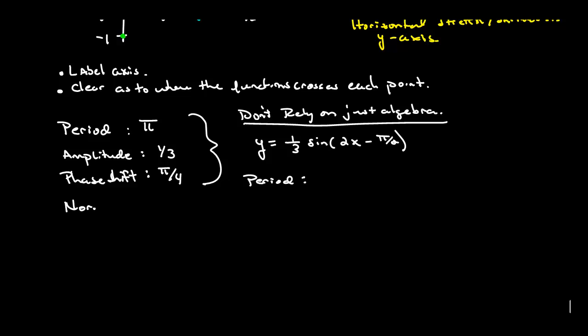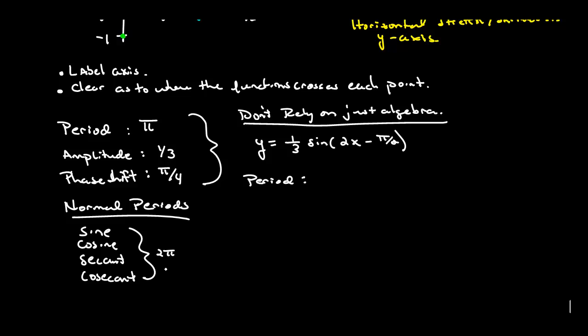So let's just quickly discuss the normal periods. Sine, cosine, secant, and cosecant. Their normal periods are 2 pi. We discussed that the first night. We looked at the graphs of each of those, and we said each one of these takes 2 pi to repeat itself.